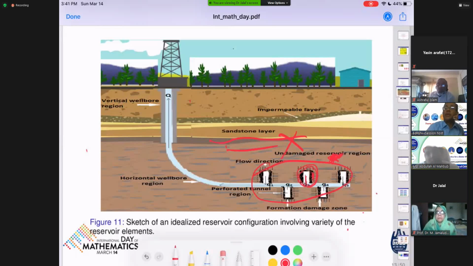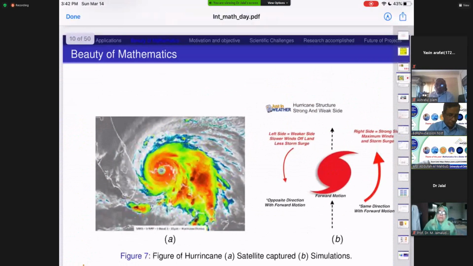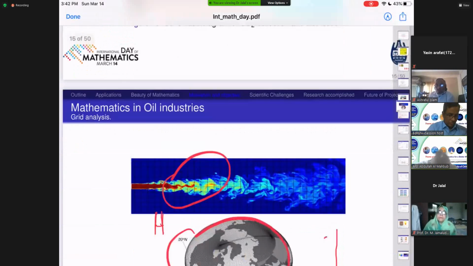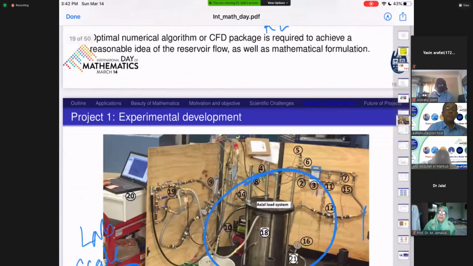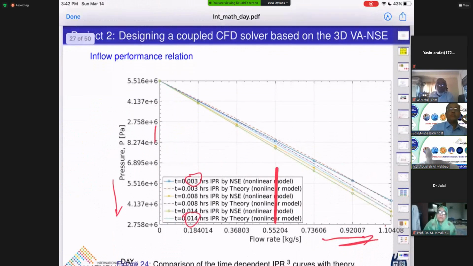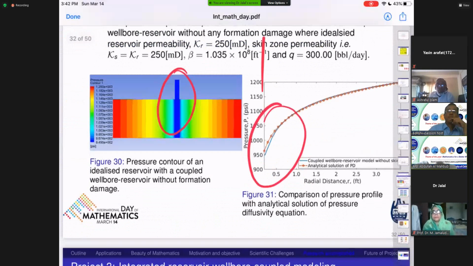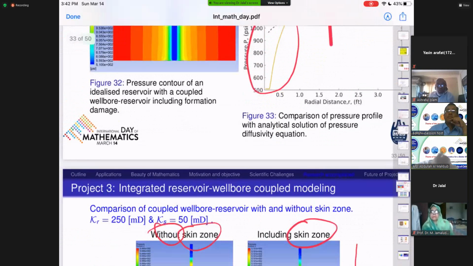A reservoir has permeability, porosity, or compressibility, but the Navier-Stokes equation doesn't have such constants. I mean, in the simulation I see you have taken permeability of 100 millidarcy to 250 millidarcy. We do have them.